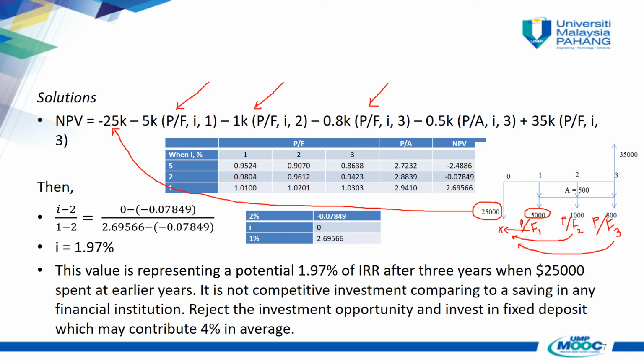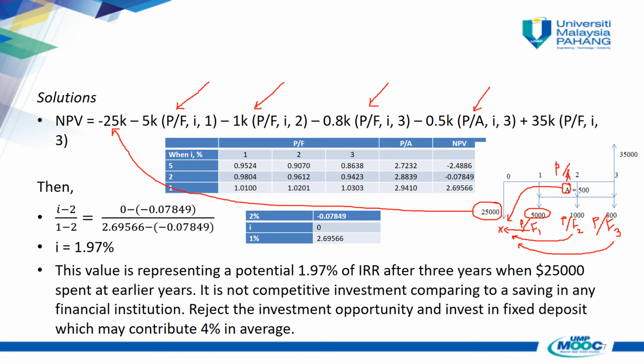After that we also need to transfer our per annum to present value at year 0. In our case, 0.5 thousand is multiplied by finding P when we know the A. Our A is 500.